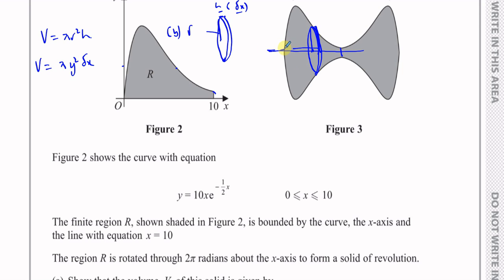Now we want to find the volume of the whole of this shape. So we've got to think about all the cylinders that are formed from the beginning to the end of the shape, from 0 to 10. We're not talking about the whole of this, we're talking about half of this, which is this area over here when it's rotated around.